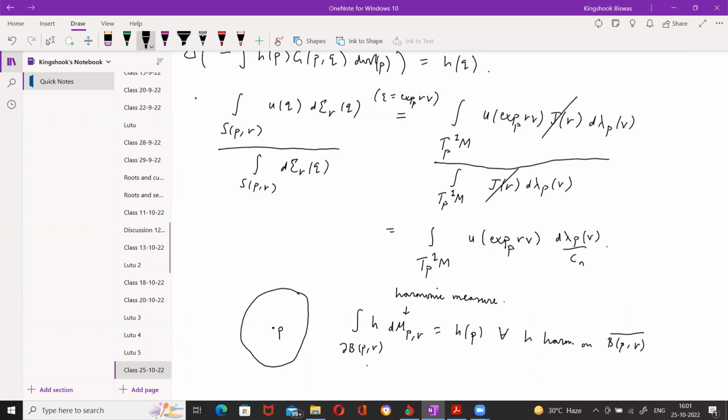In a general Riemannian manifold, the harmonic measure will be absolutely continuous with respect to the surface area measure, but not equal to it. The Radon-Nikodym derivative will actually be the normal derivative of the Green's function, like in R^n. The Green's function of the ball, not of the whole space.